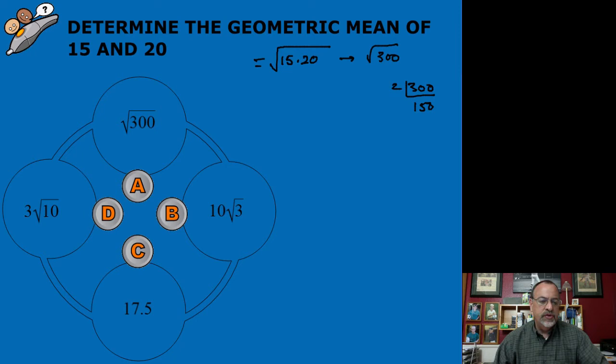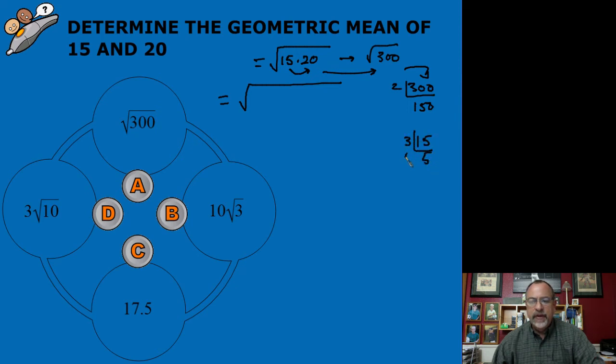Well, I'm going to show you a little shortcut. If I multiply these together and get 300, and then I end up dividing them back out, it really doesn't make any sense to multiply something and then turn around and divide it, because dividing undoes multiplication. So rather than multiplying 15 and 20 together, I'm just going to prime factor each one of these separately. So 15 I prime factor into 3 and 5, and so I'm going to rewrite that here.